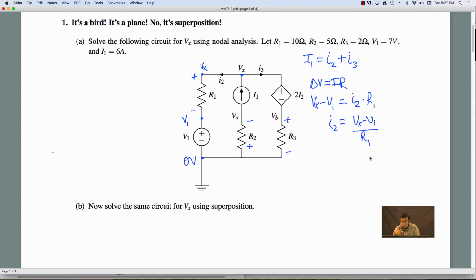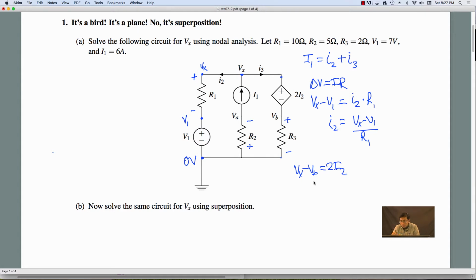Again, we can look at what this voltage source, in this case a dependent voltage source, tells us. Remember, a voltage source tells us that the potential across the source is equal to the value of the source. So the potential here, which is Vx, minus the potential here, which is Vb, is equal to the value of the source, which is 2I2.